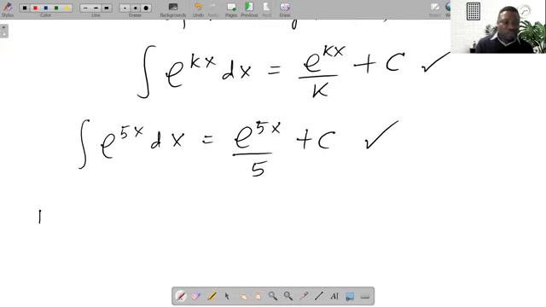Let's do the next one. I'm going to do the natural log. We're still under the exponential.